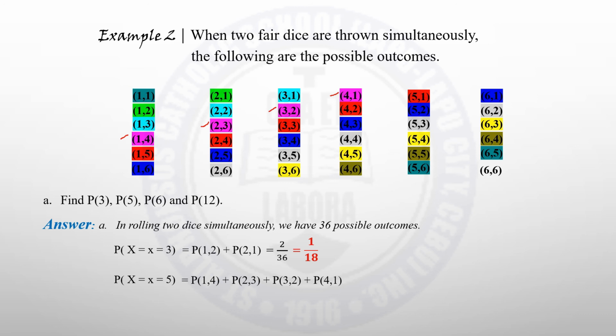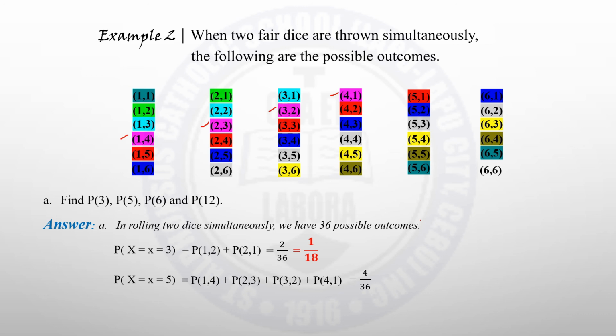All the pink colors are said to be the pairs whose sum is our value, which is 5. And then the probability of our random variable is 4 over 36. 4 because there are 4 pairs whose sum is 5, such as (1, 4), (2, 3), (3, 2), and (4, 1).